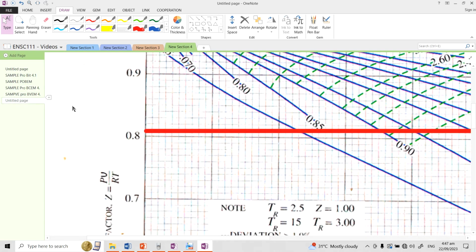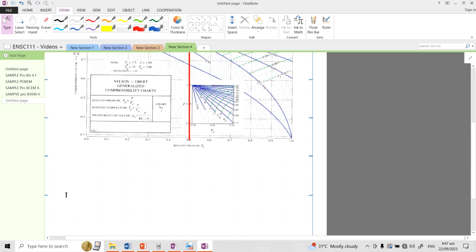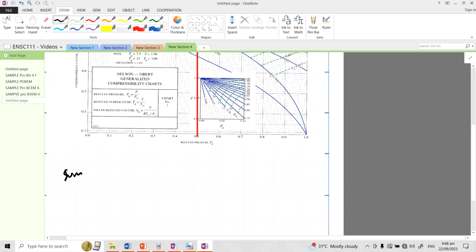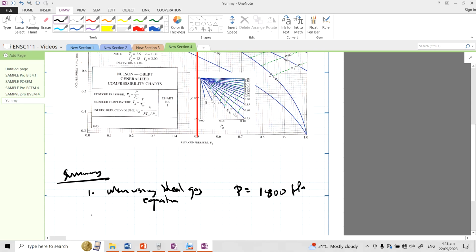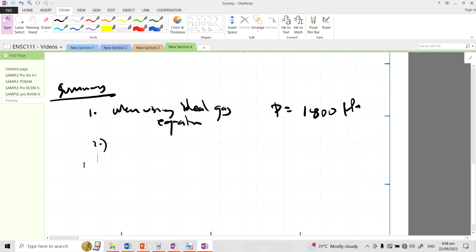If we do a summary for the pressure: when using the ideal gas equation, our pressure is 1800 something kPa. When incorporating the compressibility factor Z, our pressure is 1500 kPa.